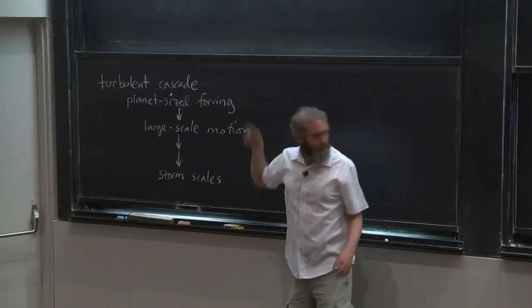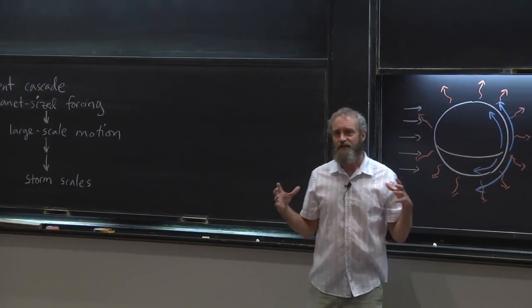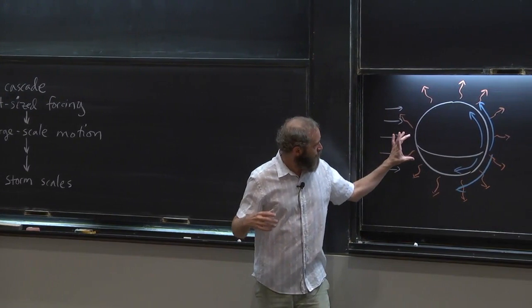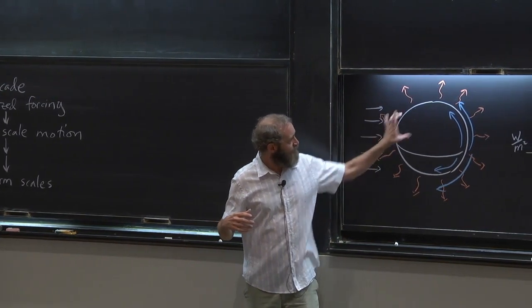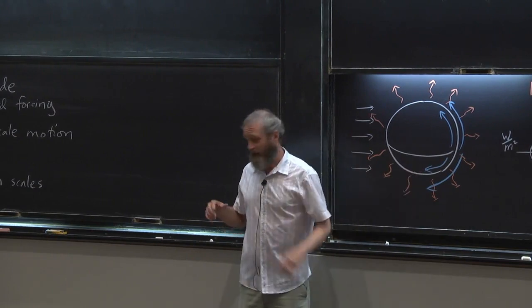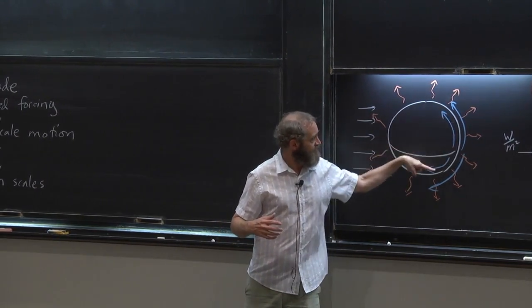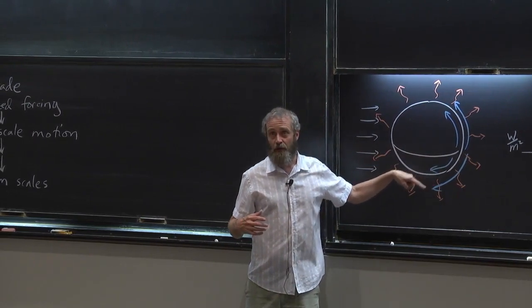So we're driving this with a planetary-size forcing. The difference between the energy coming in and out at the equator versus the pole is a difference that's as big as the planet. But the flow that results from that is not as simple as these nice planet-size arrows that I drew.